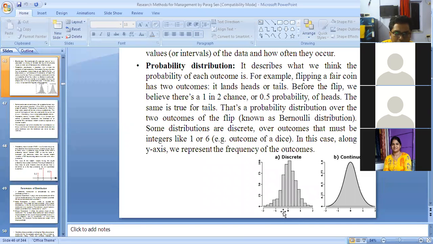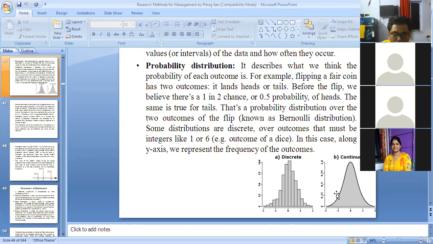For example, if you throw a dice, it can be 1, 2, 3, 4, 5 or 6. These are the outcomes. But it cannot be 1.5, 1.7 or 2.9. This kind of outcome is not possible. So that's why these kinds of variables are represented by your discrete distribution.